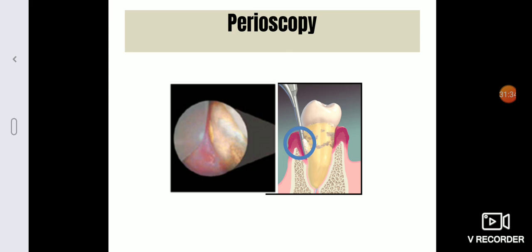Using this device, it is possible to do root debridement and clean the subgingival area very well compared to the manual method of doing subgingival irrigation and debridement. It can be used to evaluate subgingivally for caries, defective restorations, root fractures, as well as root resorptions.